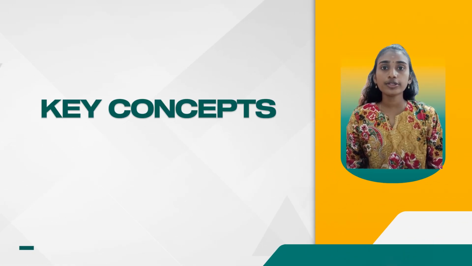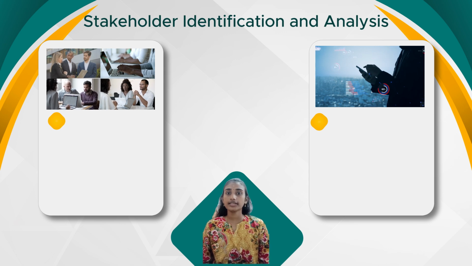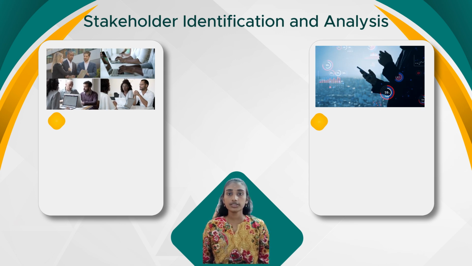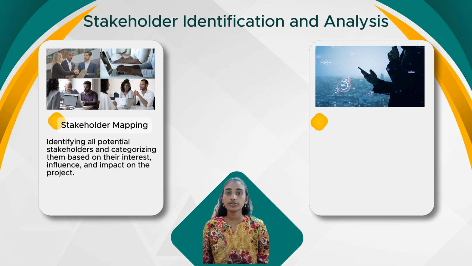Let's move on to the key concepts involved in managing stakeholder communication. The first step is stakeholder identification and analysis. This involves identifying all potential stakeholders and their understanding, interest, influence, and impact on the project. Stakeholder mapping is a technique used to visualize the relationship and importance of different stakeholders.